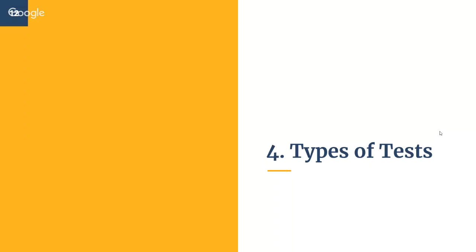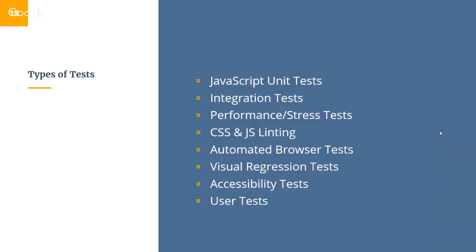Okay, so now let's look into the types of tests. Like we saw previously, there are separate tests for different aspects of our applications. There are tests for accessibility, for the visual parts, for the HTML, for everything, actually.